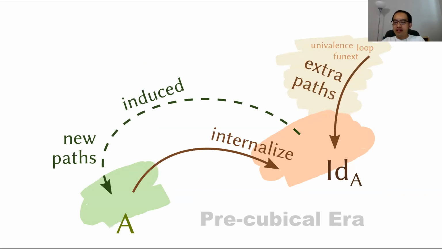Before talking about the composition, which we will spend lots of time on, I would like to step back and give you some ideas about what's cool about cubical type theory in some sense. In the homotopy type theory that you have been studying for a while, at least in the original presentation, you have a type A, and you want to add something new to it to make it higher inductive.